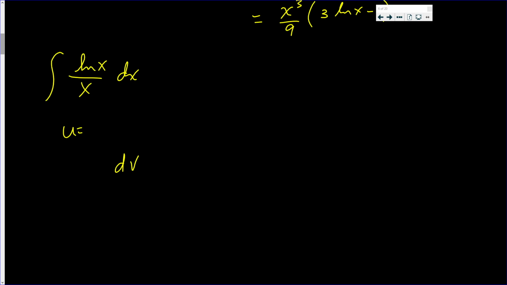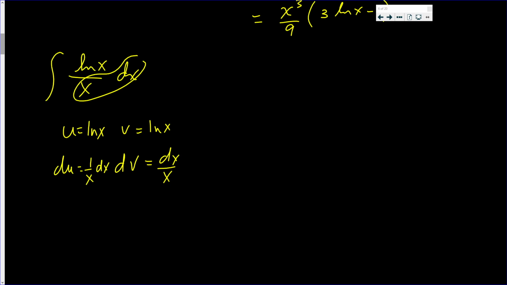This is why I'm going to let u be ln of x, because I don't know how to integrate ln of x. So what's left over, dx over x, yeah, I know how to integrate that. That's just ln of x. And du is 1 over x dx.